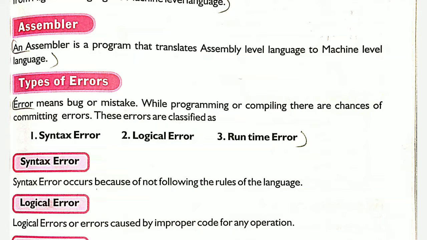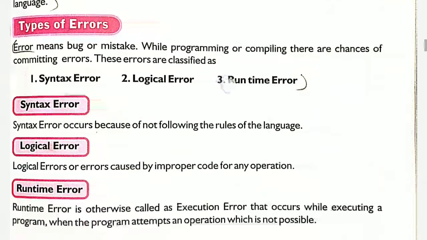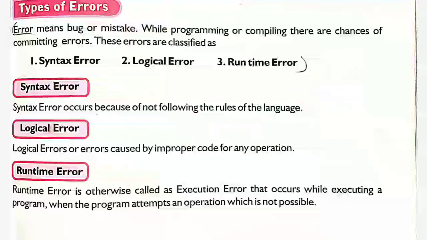Next is logical error. Logical errors are errors caused by improper code for any operation. If you want to do some action, say for example divide 0 by something, then you'll have some error.